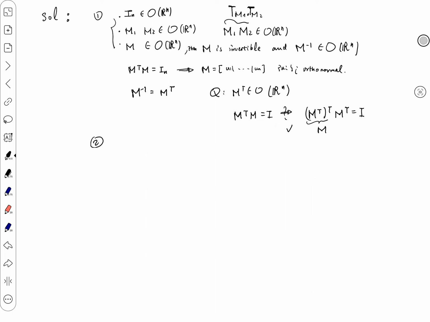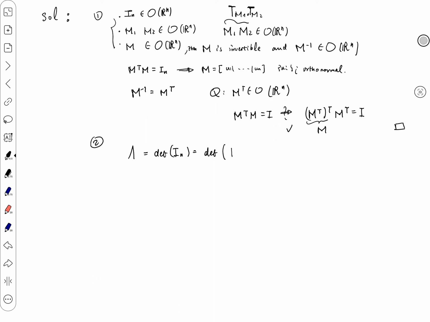Secondly, let's check the determinant works. But firstly, notice that the determinant of the identity is 1, which is also by your characterization of the orthogonal group. So now we have proved this is a group.